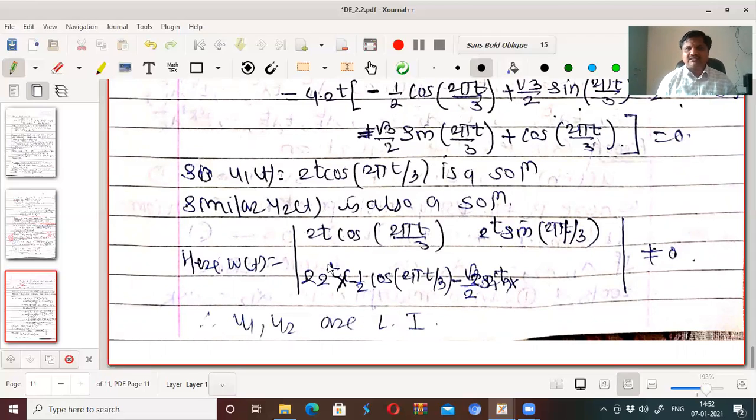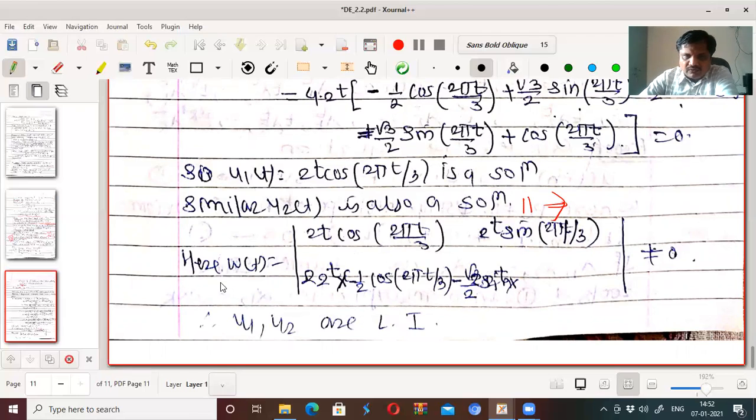Now we have shown that u1(t) and u2(t), these two are solutions of the given difference equation. I have a little homework for you. Show that this u2(t) is the solution. So you have to verify it.